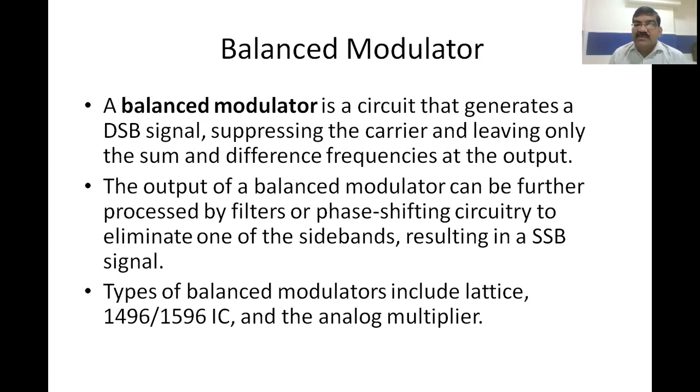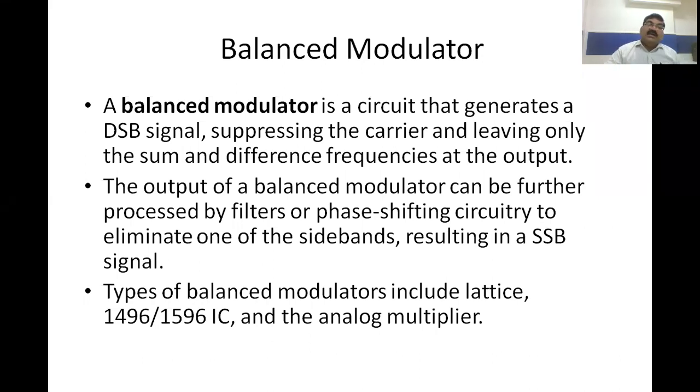The advantage of double sideband suppressed carrier is that it is more power efficient. Just now we have seen power saving for the modulation index 1, that is around 66%, 67%. And for the modulation index 0.5, you will have power saving up to 89%.